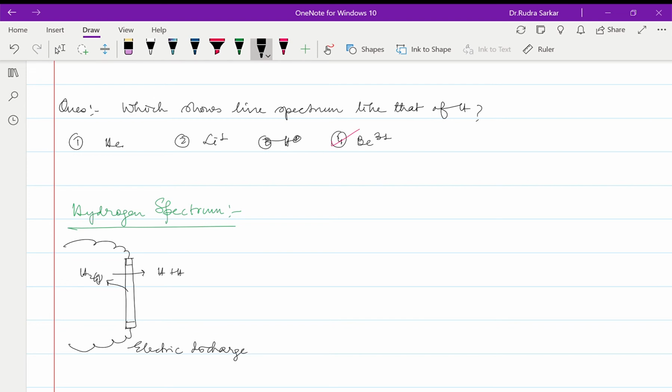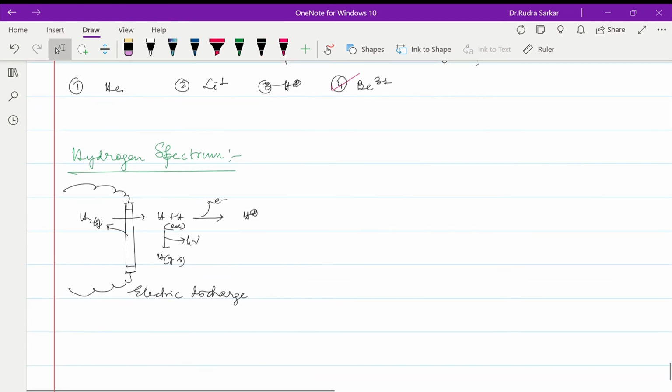So it is getting excited. And these are the excited ones, or they can simply come to the ground state by giving out energy. Remember? Everyone knows all these things, right? So this is all discussed. I am not drawing the spectrum again for that.